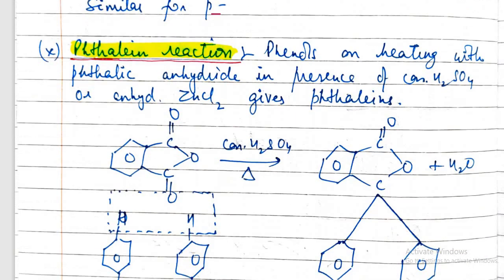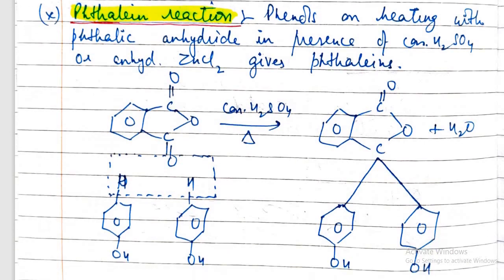So the next reaction is the Thiele reaction, the phthalein reaction. It is very important because this reaction we use for phenolphthalein as an indicator. So phenols, when heated with phthalic anhydride in the presence of concentrated sulfuric acid or anhydrous zinc chloride, give phthaleins, and in this particular example we are using phenol.